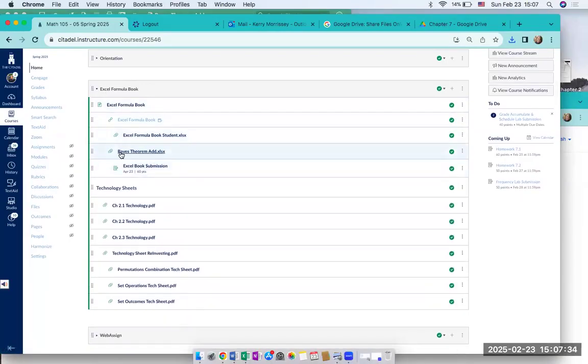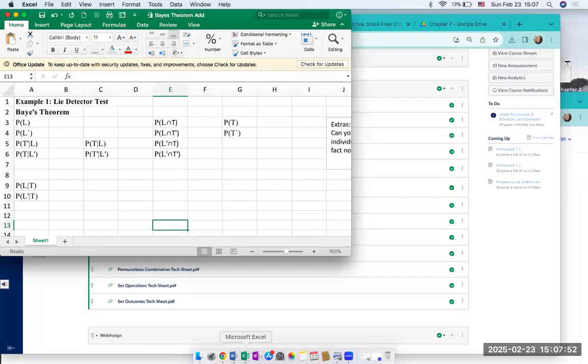If you have one that says Bayes theorem add, just download it, and then add it into your Excel formula book, the one you have saved to hopefully your drive somewhere. Copy and paste it into a new sheet and title the sheet Bayes theorem. That's what we're going to be working on today.